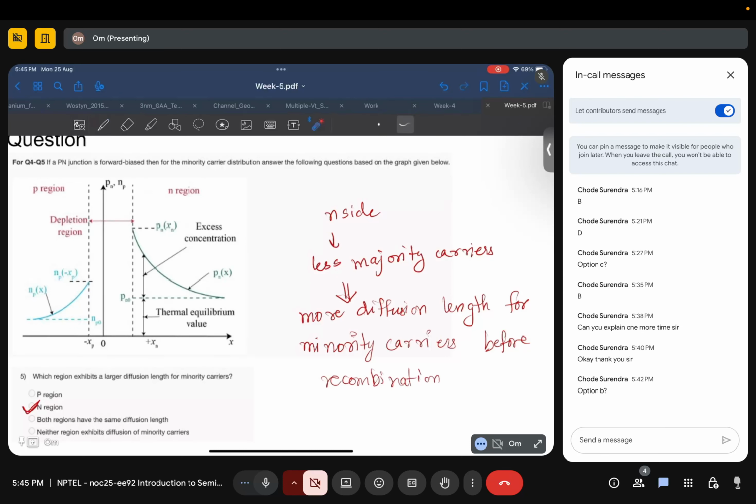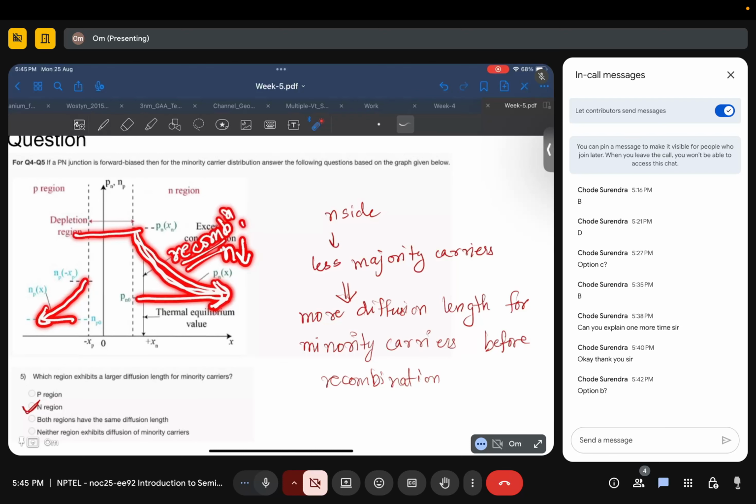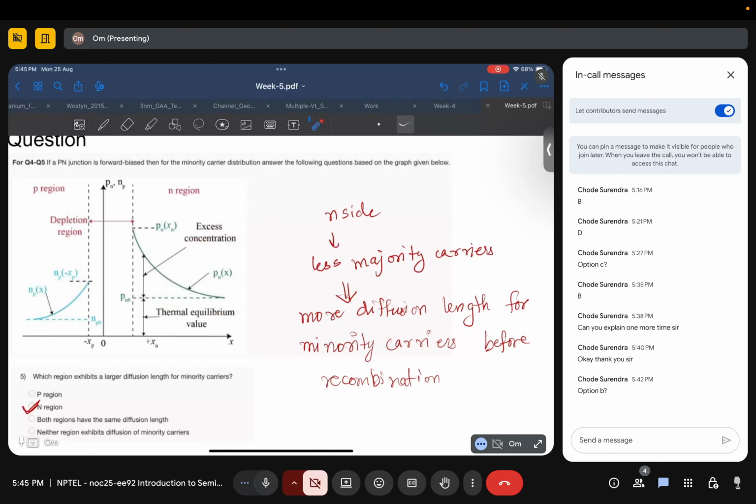What this means is, since on this side there are less number of electrons, so when these holes come here, they can travel a much larger distance compared to electrons on this side because holes are less. So why do these reduce? They reduce due to recombination, right? So since there are less number of electrons available for recombination, there will be larger diffusion length here.